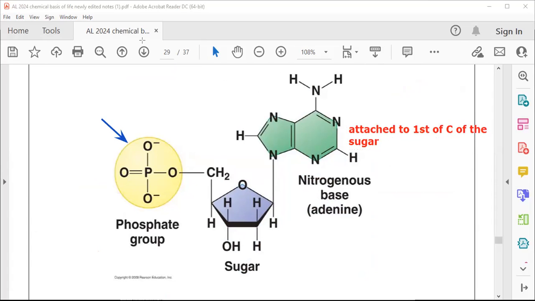And this is attached to the fifth carbon of the sugar. Correct? Agree? Yes, sir. Mark those details. So you have to understand the nitrogenous base is attached to the first carbon of the sugar and the phosphate group is attached to the fifth carbon of the sugar.